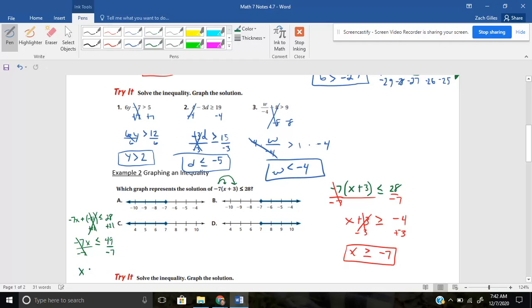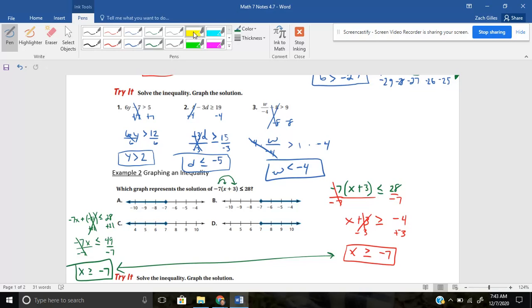That would give us x is, I need to switch it around because I divided by a negative, greater than or equal to negative 7. So if you look, that's exactly what we got for the first method where we divided by the negative 7 first. Okay. So either method will work. I guess you choose the method that you prefer.